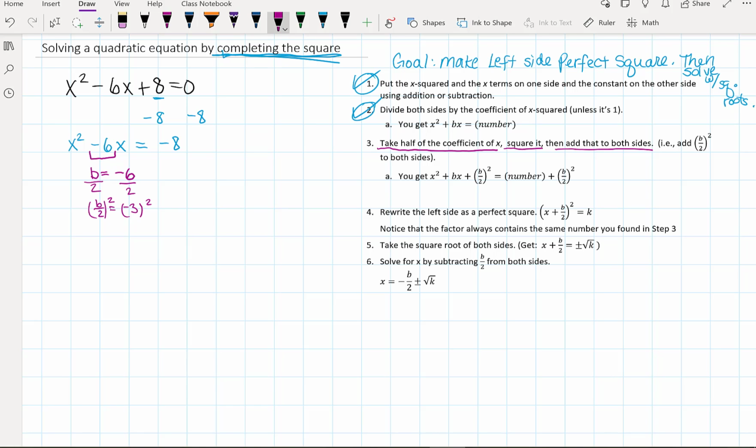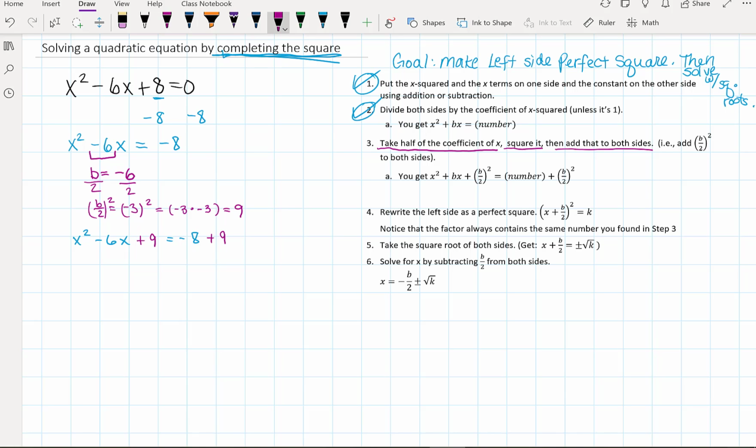So I'm adding 9, since negative 3 squared is negative 3 times negative 3, which is 9. So I have x squared minus 6x plus 9 equals negative 8 plus 9.